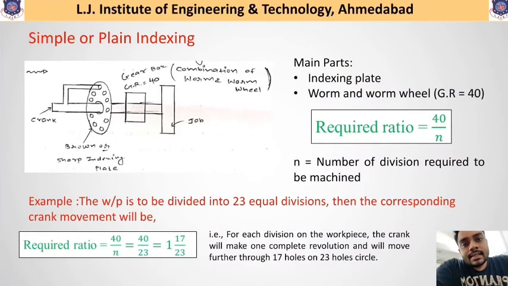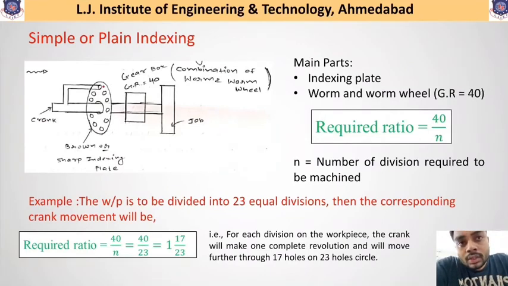So let's have a look at this figure. Over here, this is our initial position. First, one complete revolution is required, which will rotate the job by a certain angle. After providing one complete revolution, suppose these are the 23 holes available on the indexing plate.